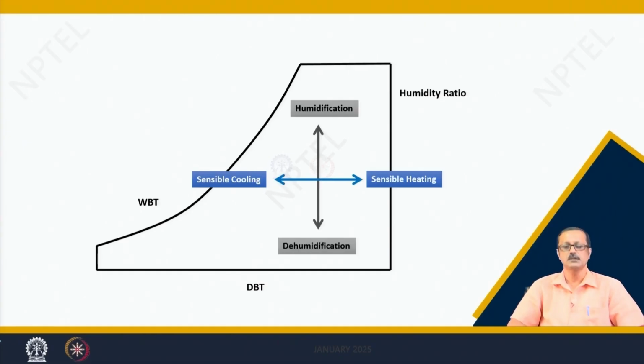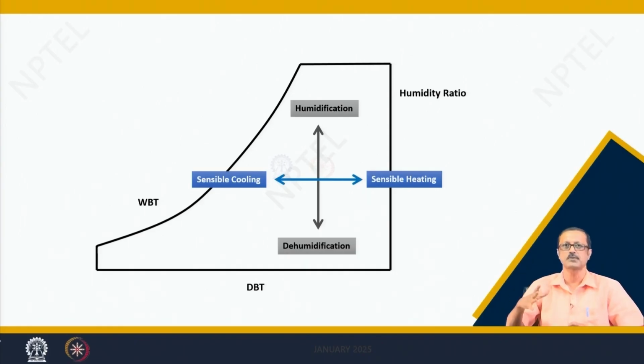The other, perpendicular axis is the humidification axis. Here you see in this black arrow, from one point to the other we may move up and down. By moving up and down, we are not going to change the DBT, the DBT will remain the same, but the humidity ratio is going to change. The relative humidity is going to increase if you go up, and by virtue of that you have to either add or remove some latent heat.